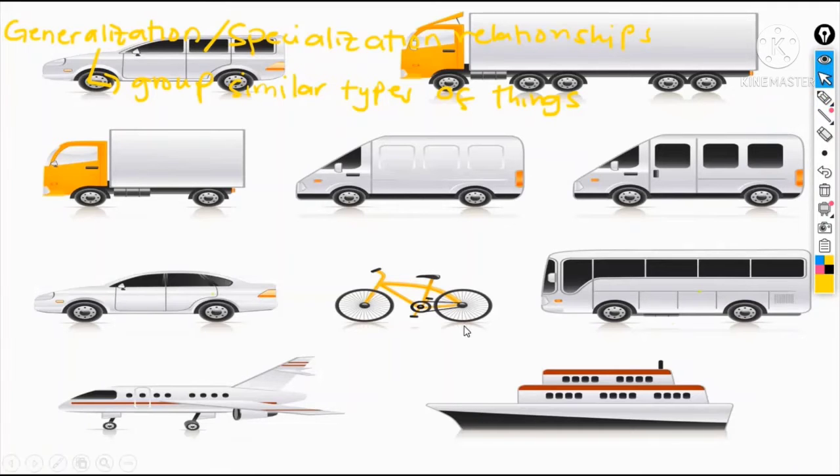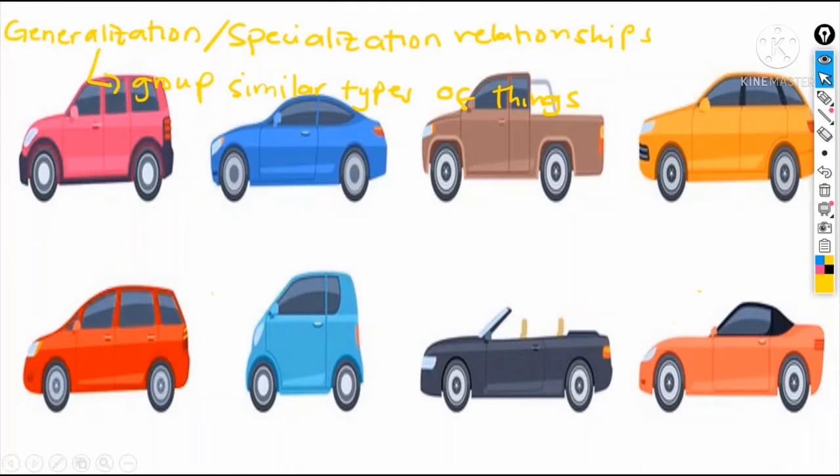On the other hand, specialization are judgments that group different types of things, not people. So let me write that. So generalization groups similar types.